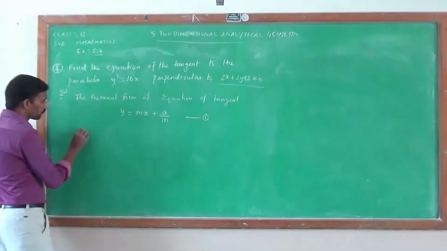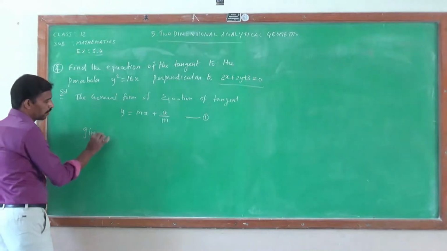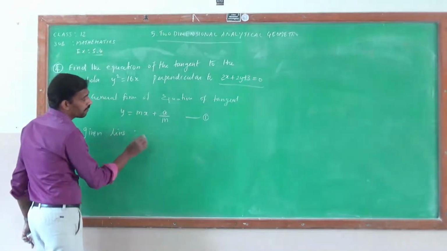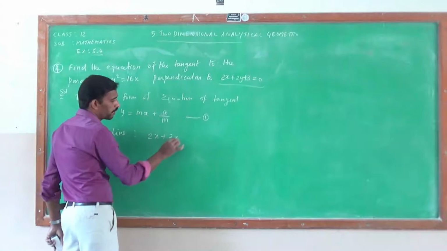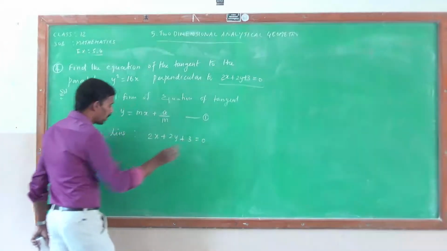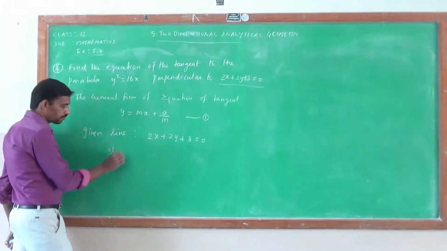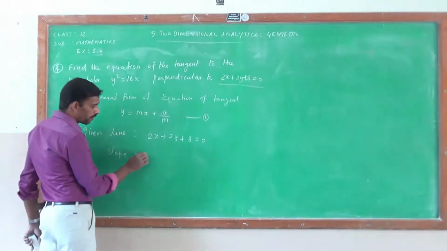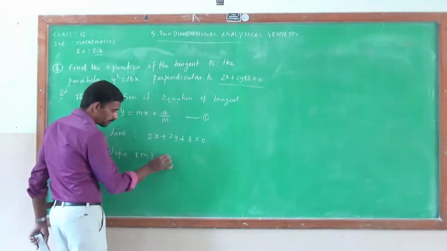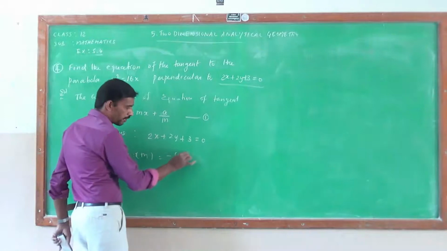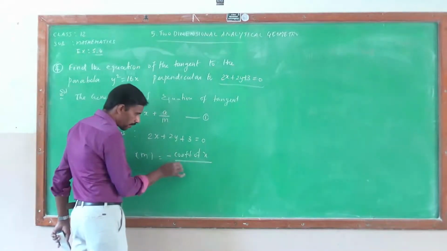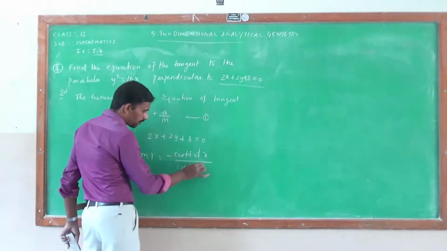Now, the given line. What is the given line? 2x plus 2y plus 3 equal to 0. Now we want to find the slope of the line. What is the slope? We know the slope m is nothing but minus of coefficient of x divided by coefficient of y.